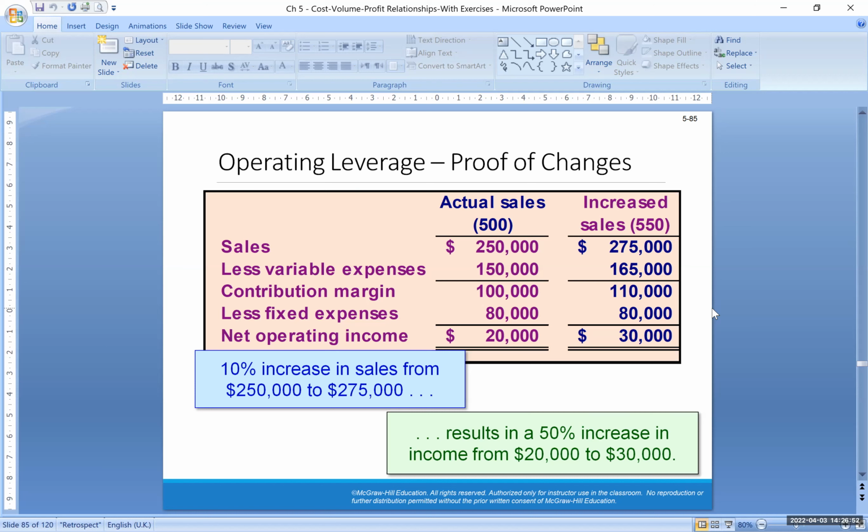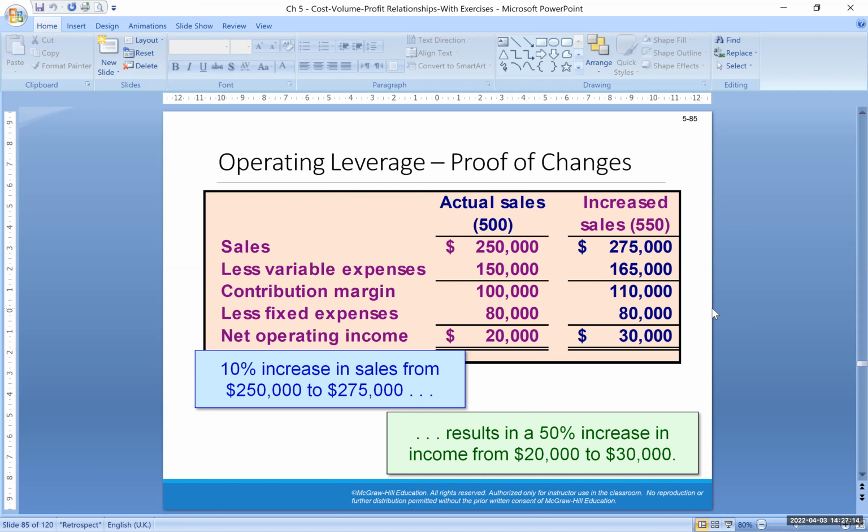Now look at the increase in the sales, which is 10%, and the increase in the net income, which is the comparison between the 20,000 and the 30,000. We have an increase in the net income of 50%.